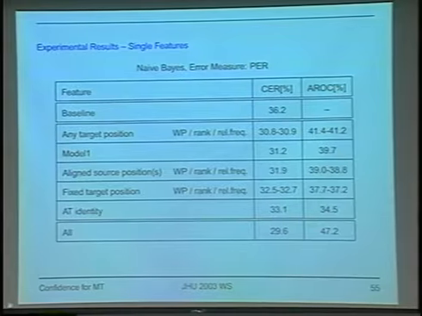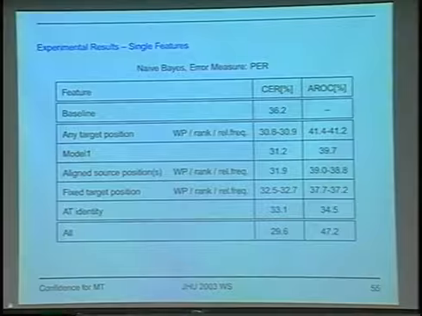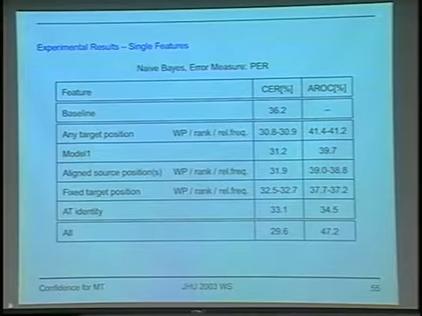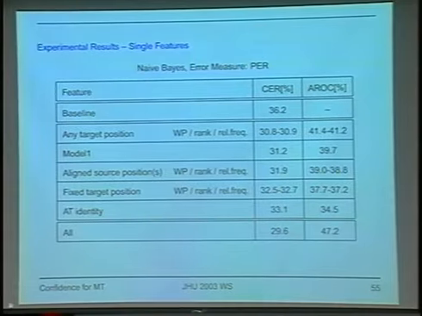It counts all words that have been labeled as correct but are incorrect, and vice versa. So every word that is tagged wrongly. And the baseline in CER is simply computed by tagging every word as correct. So if we assume everything is correct, we get an error rate of 36%.